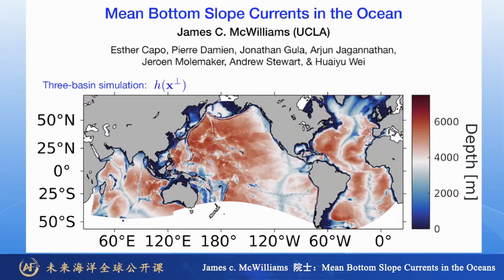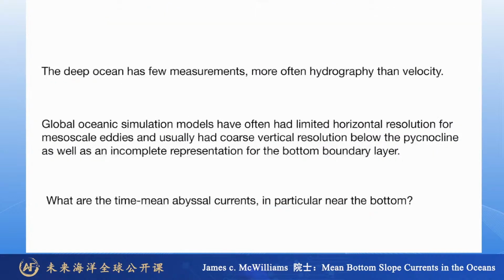The deep ocean has few measurements. More often they're hydrographic measurements than velocity measurements, and most often they don't have good time averages. And so on the whole, this deep region is little measured. Global oceanic simulation models have often had limited horizontal resolution for mesoscale eddies, and usually had coarse vertical resolution below the pycnocline, as well as an incomplete representation of the bottom boundary layer.